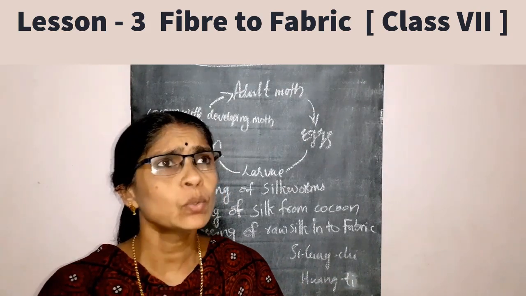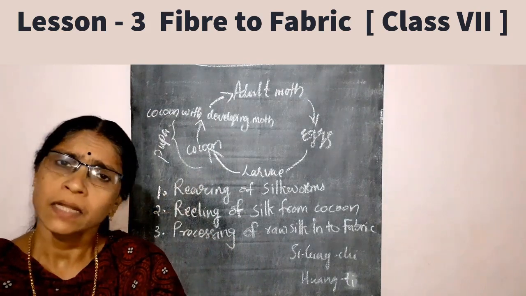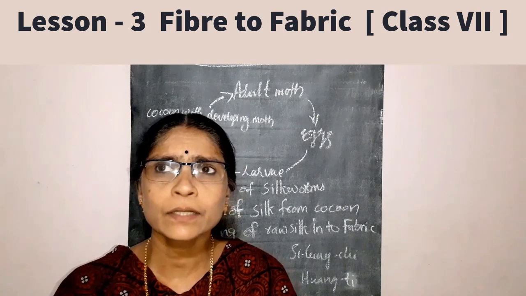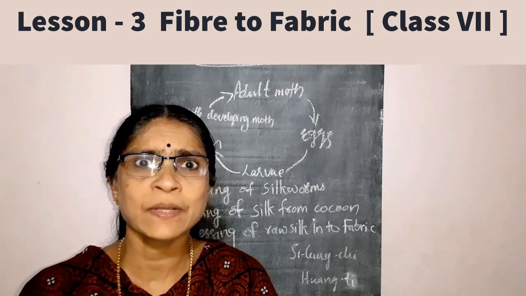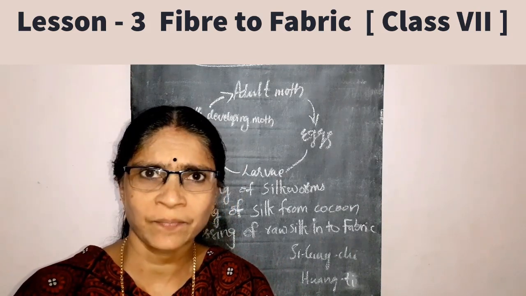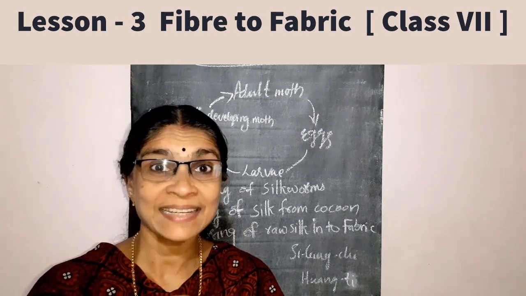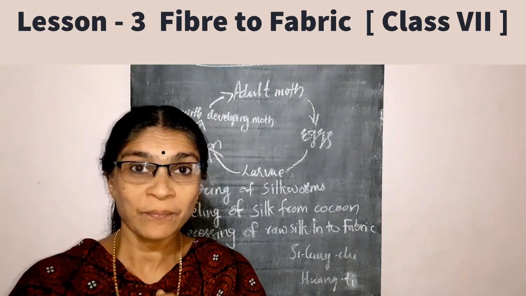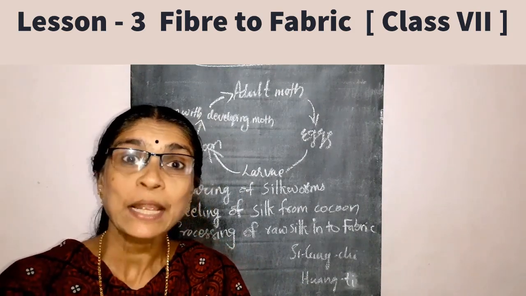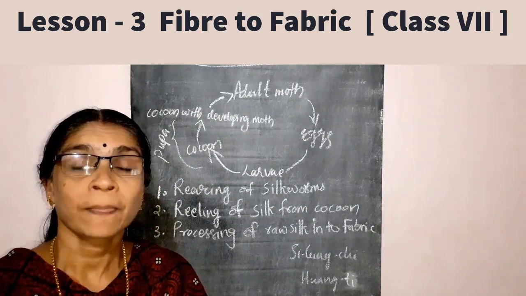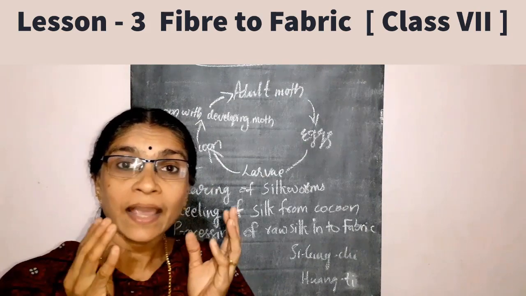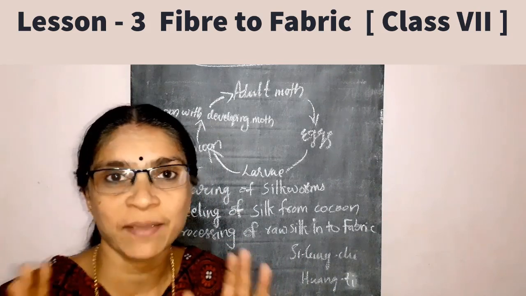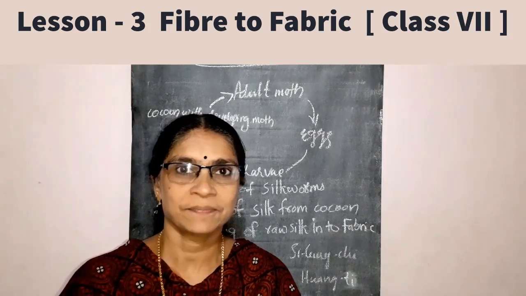Then after 25 to 30 days, they stop eating and start to move their heads in the chambers of the bamboo trays. We learned that during the to-and-fro movement of their heads, they secrete fiber made of protein, which hardens when exposed to air to form the silk fibers. Isn't it?